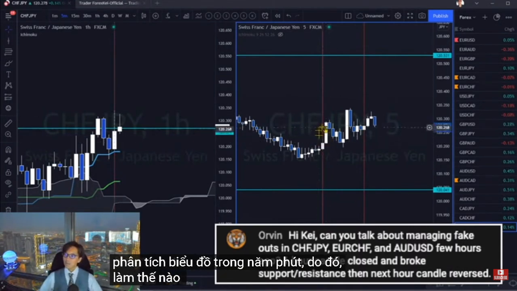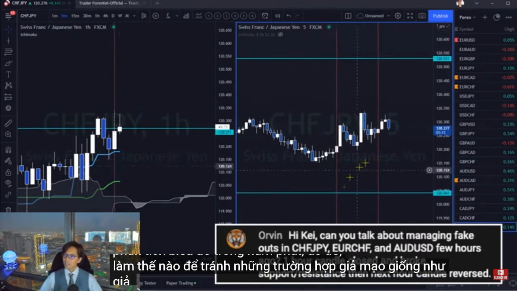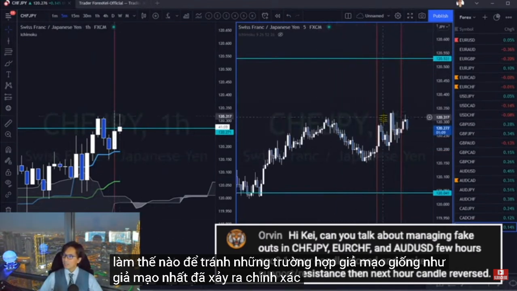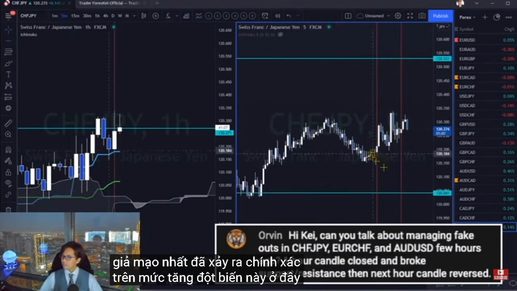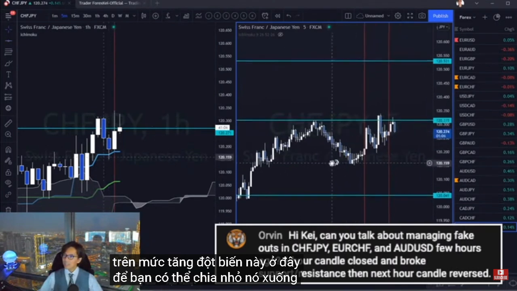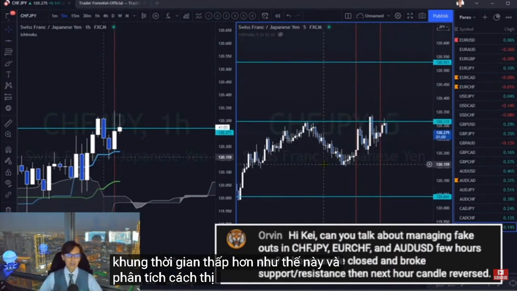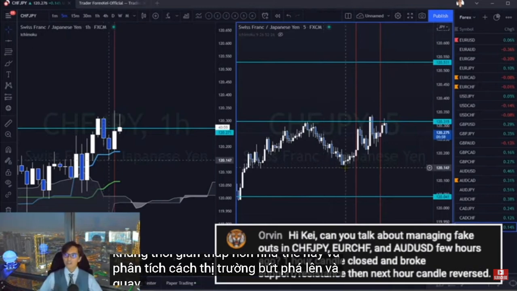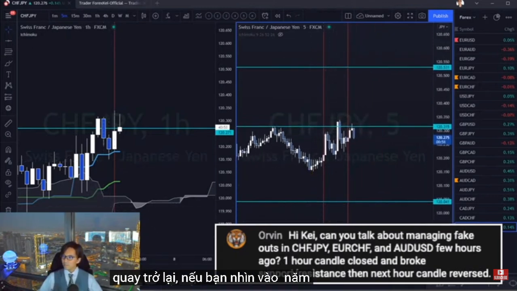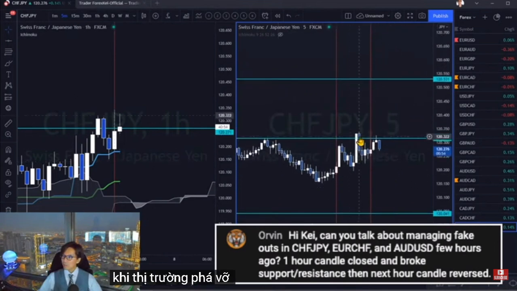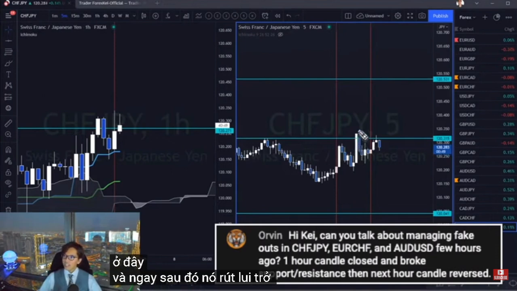So how to avoid the fake outs? Most likely the fake out happened exactly on this spike here. So you can break it down to the lower time frames like this and analyze how the market broke upwards and retraced backwards. If you look at the 5, once the market broke the resistance level over here, soon it retraced backwards.